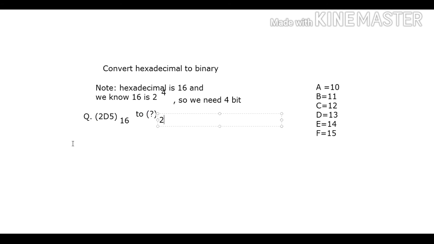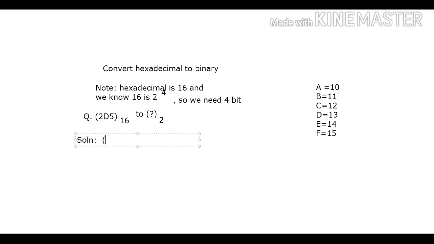Okay, so let us solve this sum. Here we have to convert a hexadecimal number to a binary number. So our hexadecimal number is 2d5. So this is a little bit different from others. So let us check it out.